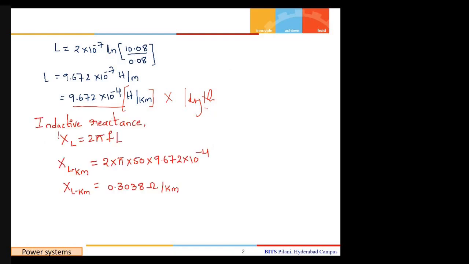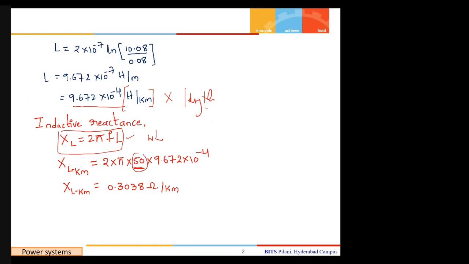We were asked to determine the inductive reactance, XL. XL is basically 2 pi f into L, or omega into L. Here the frequency is 50 hertz. Many times in the problem the frequency will not be given to you. In that case, you have to take the frequency of your respective country. If you are in India, the frequency is 50 hertz.